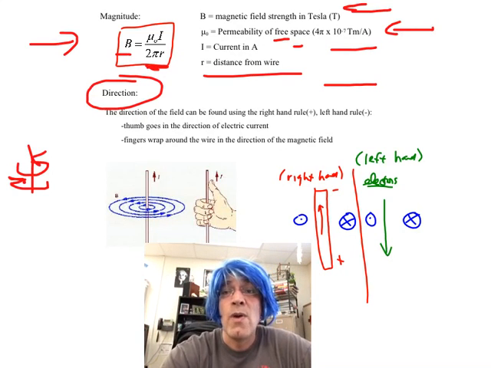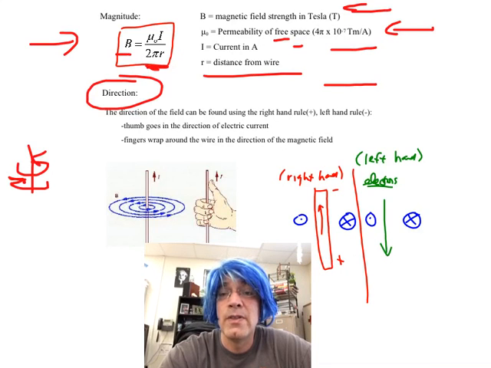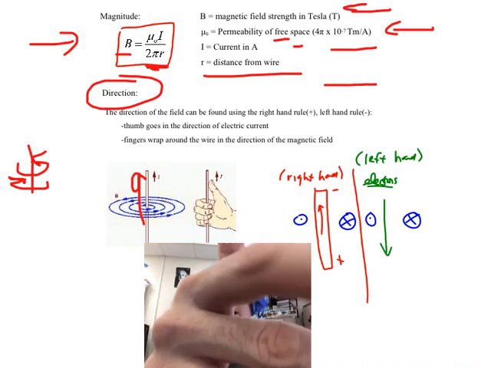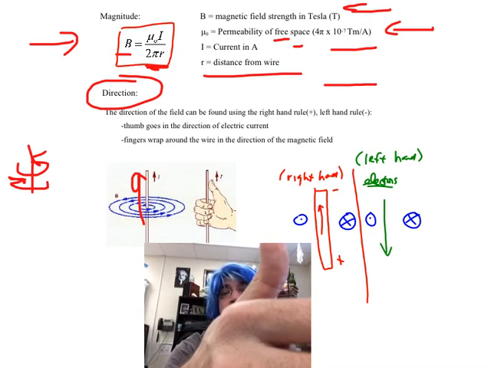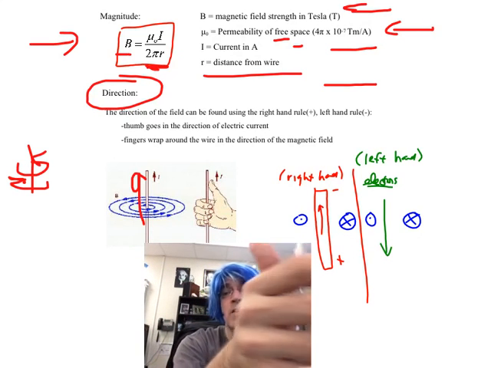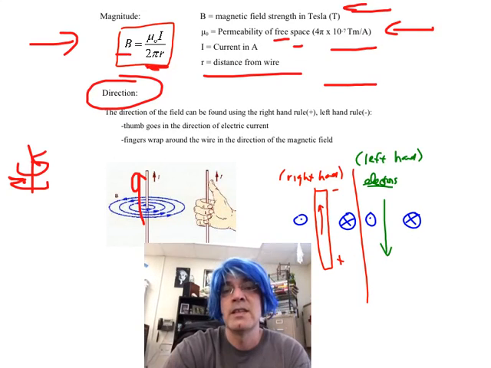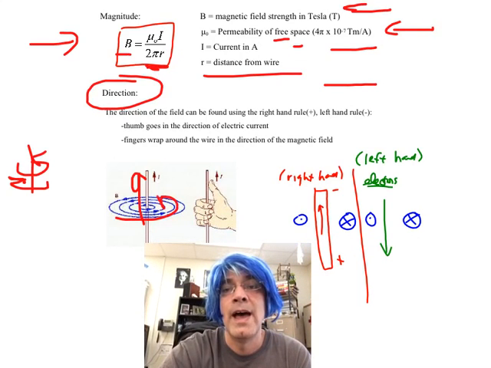So the electric current is going upwards. We take our thumb and put our thumb in that direction. We curl our fingers around our thumb as if the thumb were the wire itself, and it shows which way the magnetic field goes around. In this case, it goes around in that direction.